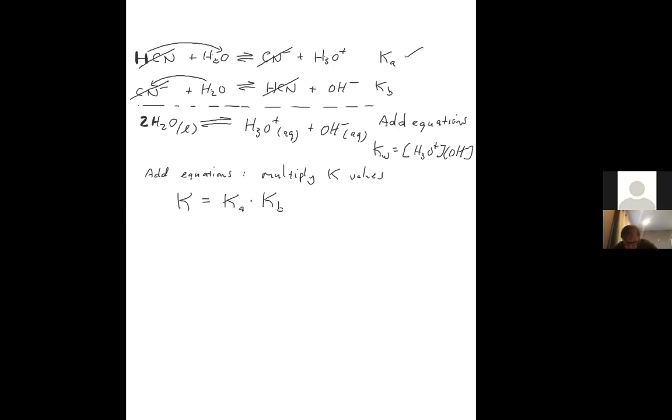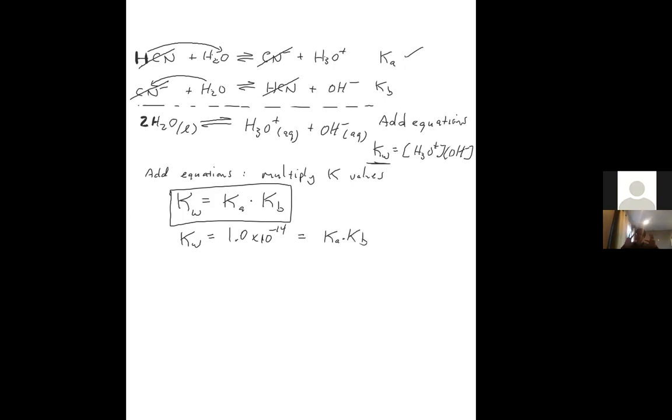But wait a minute, we said that the K for the overall is Kw, so that is correct. In fact, Kw is equal to Ka times Kb. Now we know that Kw at room temperature is 1.0 times 10 to the negative 14. So that value, 1 times 10 to the negative 14, is equal to Ka times Kb.